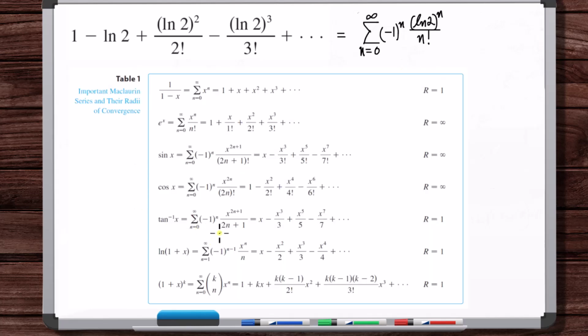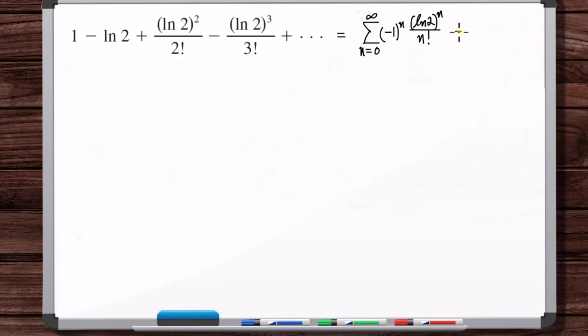Now we've got n factorial. So, we've got the minus 1 to the n, but if we say e to the minus natural log of 2, so you put in minus natural log of 2 for x, that brings out a minus 1 to the n, then you're left with natural log of 2 to the n over n factorial.